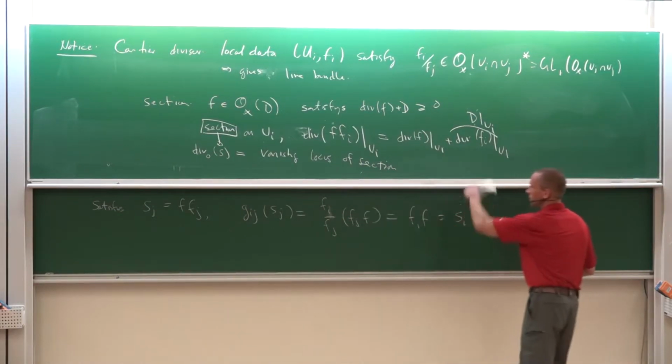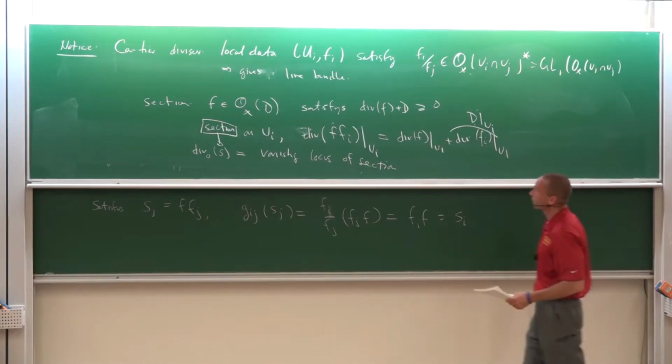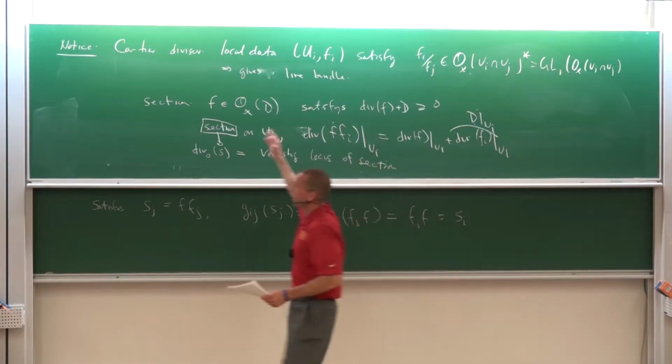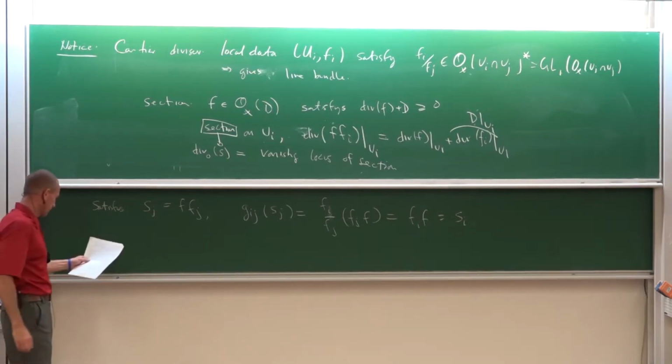So you see everything fits together very nicely, and this is why we use the terms line bundle and Cartier divisor oftentimes synonymously.